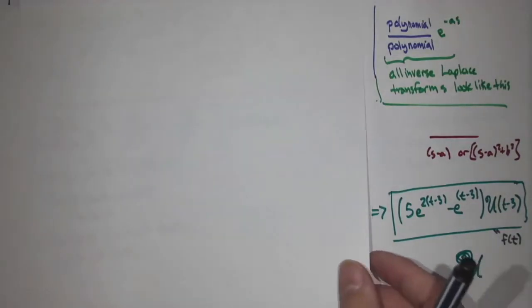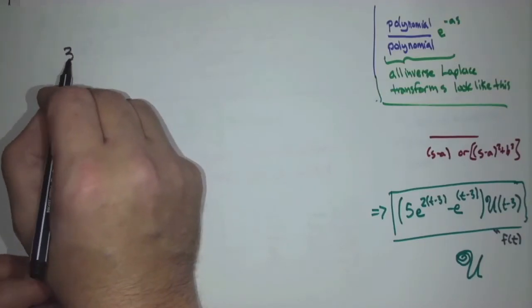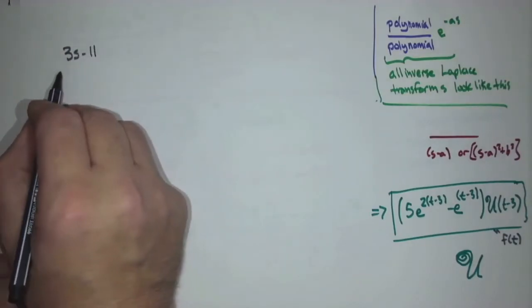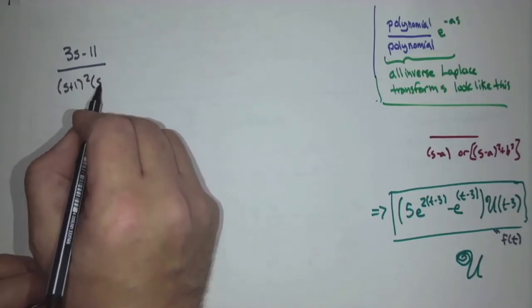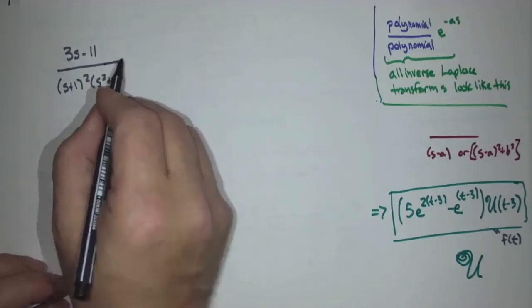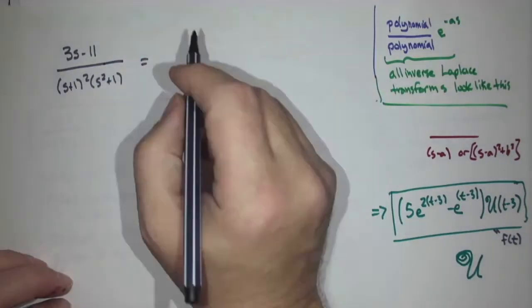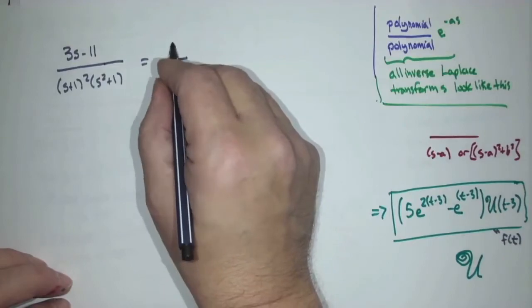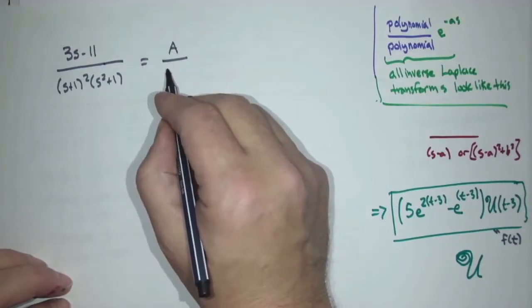While we're here, let's do one quick reminder. We'll just make up stuff for the numerator. We're not actually going to run through the whole problem. Suppose I had s plus 1 squared times s squared plus 1 downstairs. What's on the other side? A over what? s plus 1?